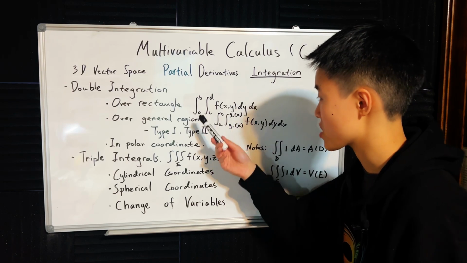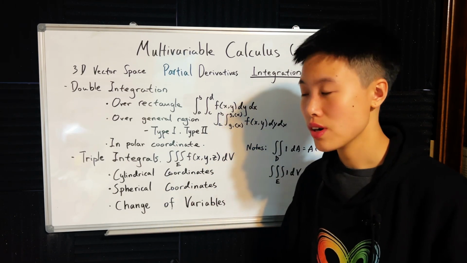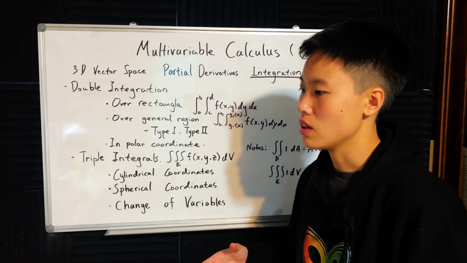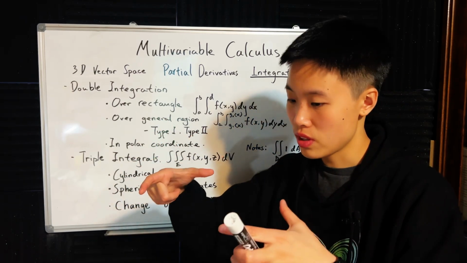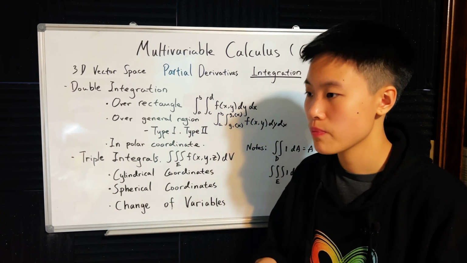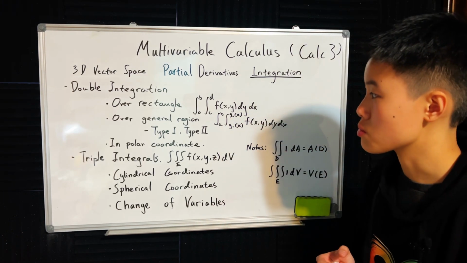Instead of f of x and y, it will be f of theta and r, and then in polar coordinates, you'll be able to find the volume of a surface within the bound of a circle, or any polar shapes that are hard to find using the previous methods.